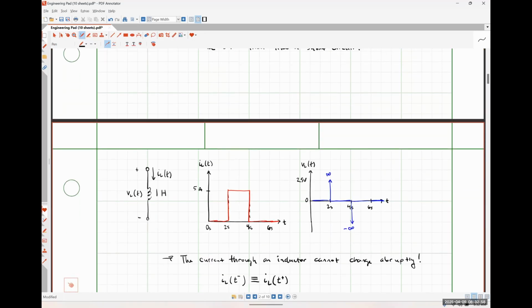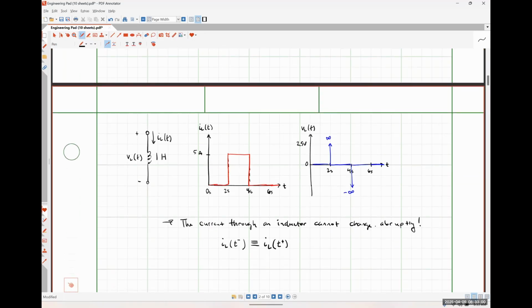And in a non-DC circuit, we know that the current through an inductor cannot change abruptly because that will wind up generating infinite voltages, which obviously cannot happen, okay?